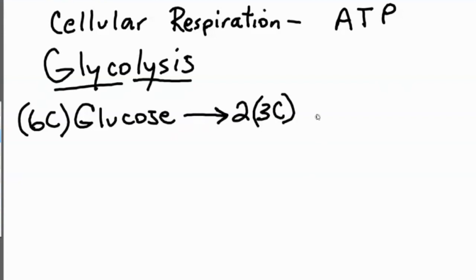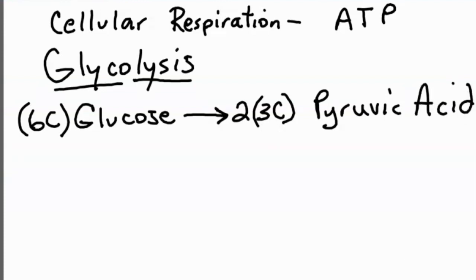And the molecules that we produce are called pyruvic acid or pyruvate. You could name that either way. So probably the next time I write it, I'll write pyruvate so you can see the spelling of both. Okay?